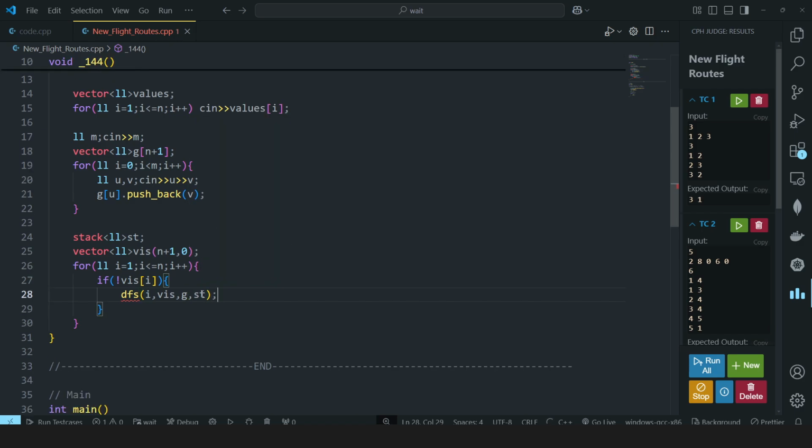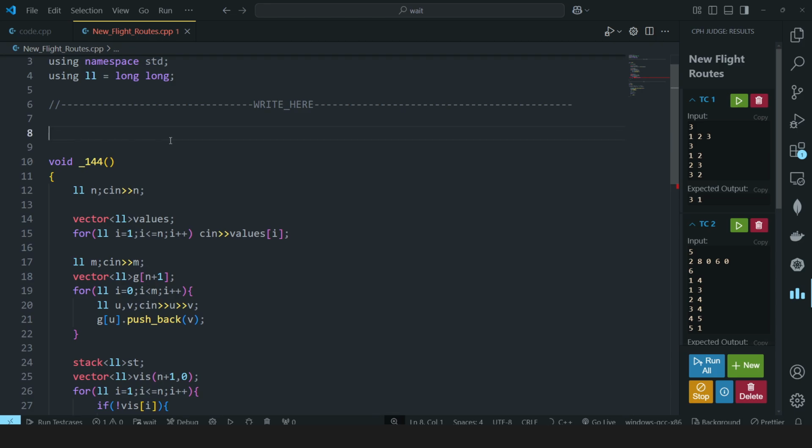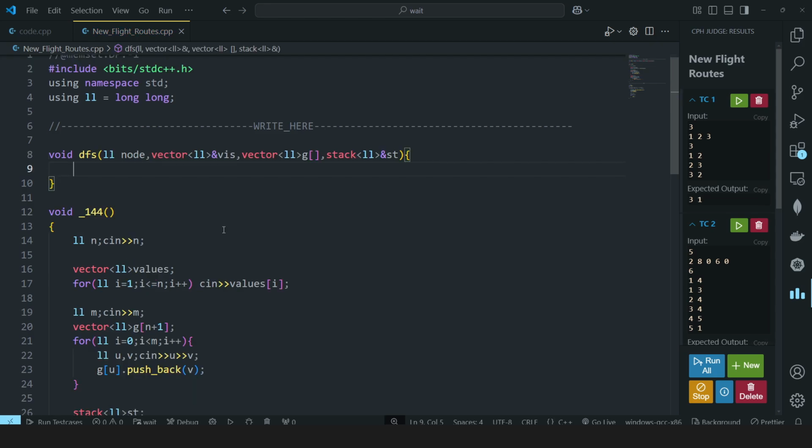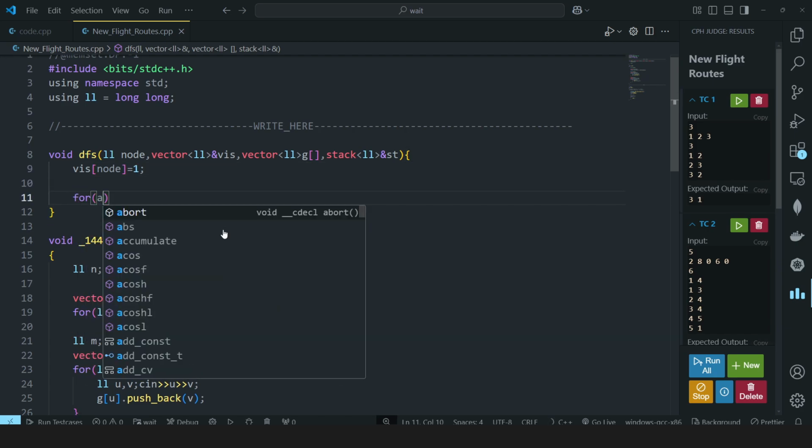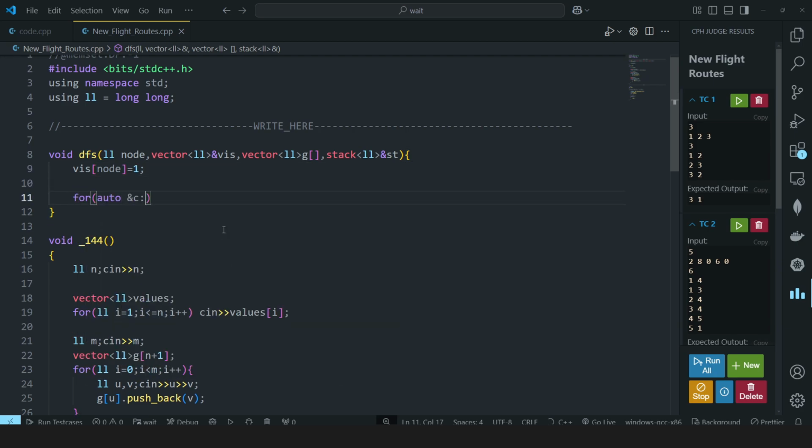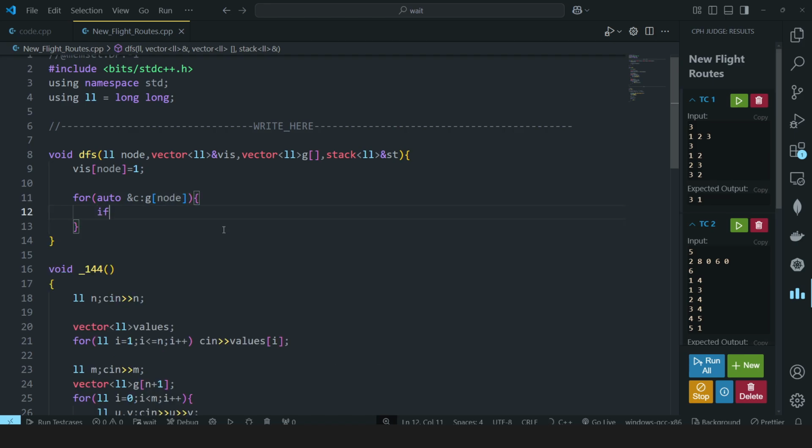So now let me write down this DFS function. It will be of void type because it doesn't have to return anything. Let me write down the parameters quickly. What we will do now is simply mark the current node as visited, and then iterate through the children of this current node, that is g of this node, and check if the child is not visited.